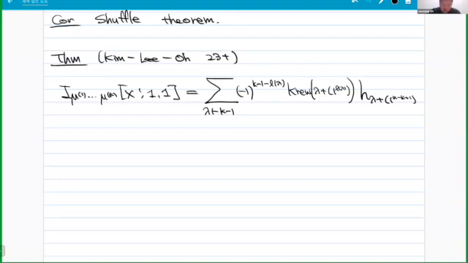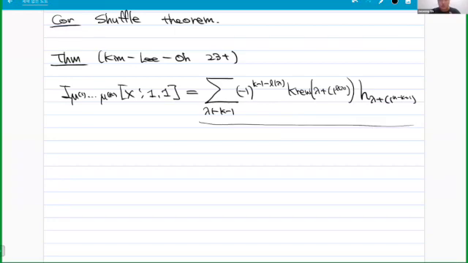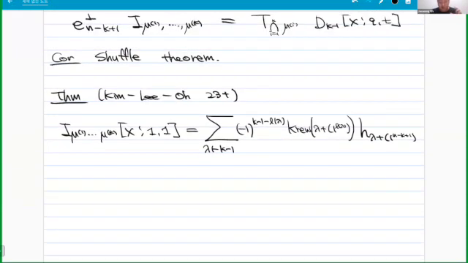Even though we know how to expand the Macdonald intersection polynomial at q and t equals 1 in the H basis, this involves some signs, and we don't know how to prove that this symmetric function is Schur positive or even monomial positive. So I think this is a very interesting problem and may help us understand the science fiction conjecture more. Okay, this is all I have for today, and thank you for listening.